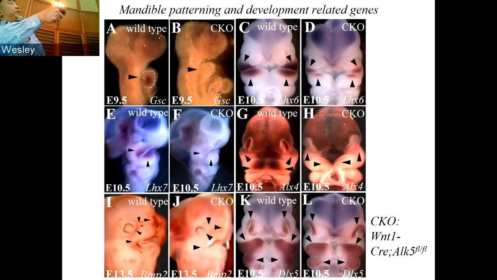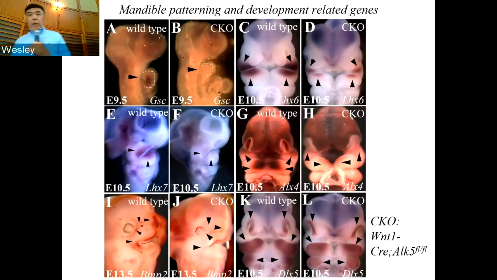Here you can see the expression of goosecoid in the control sample, and here's one of our mutants, the Wnt1 L5 mutant, where the goosecoid expression is downregulated. And you can see the data is really quite clean, looking at LHX6 expression in the oral domain in the mandible, versus in the mutant.